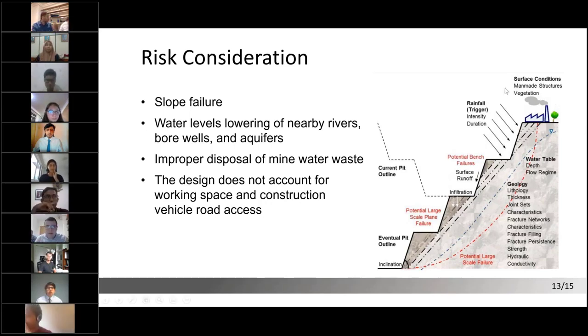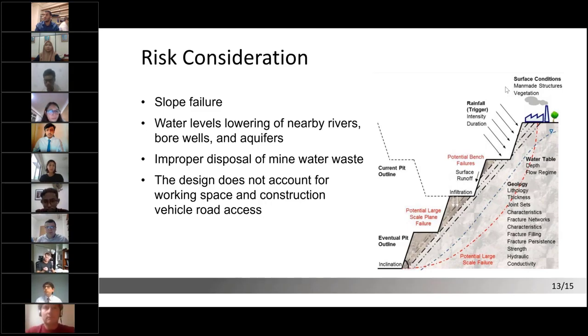The excavation of the open pit mine poses several key risks that should be taken into consideration. One of them is that there might be slope failure due to overestimation of material properties, as you know, or a high rainfall event or seismic event. There could also be dewatering that might lower the neighboring levels of the rivers, bore wells or aquifers.